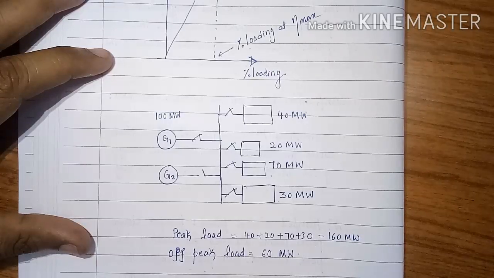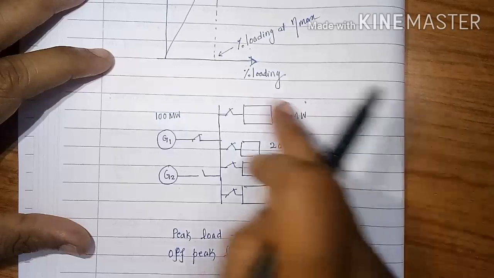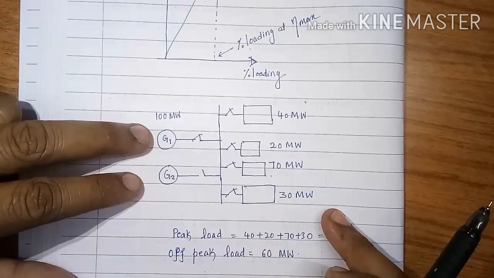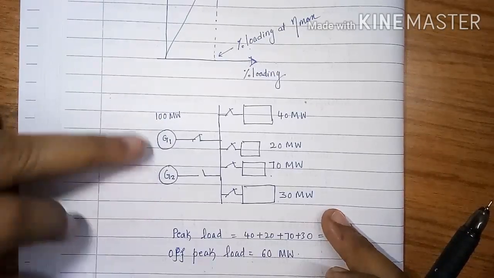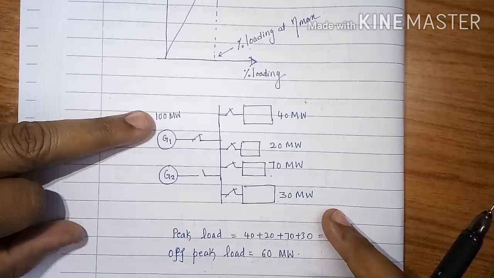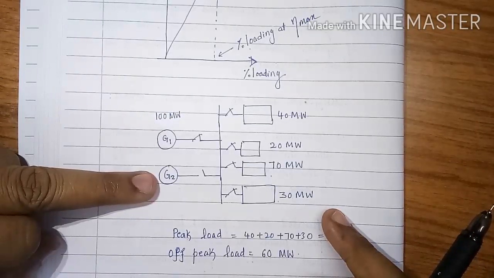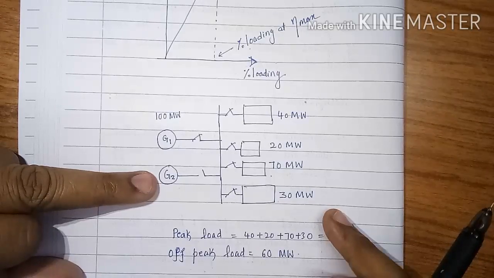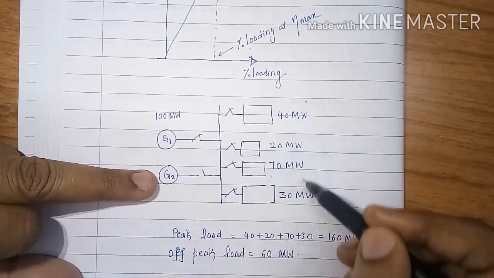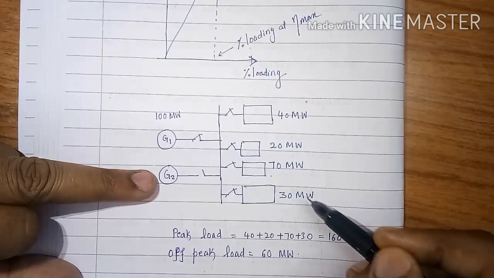To understand what is peak load hour and off peak load hour, let us consider the diagram given here. There are two generators now, G1 and G2. One generator is of 100 megawatt. For other generator, I have not mentioned any power rating. The sum of all the loads here is 160 megawatt.